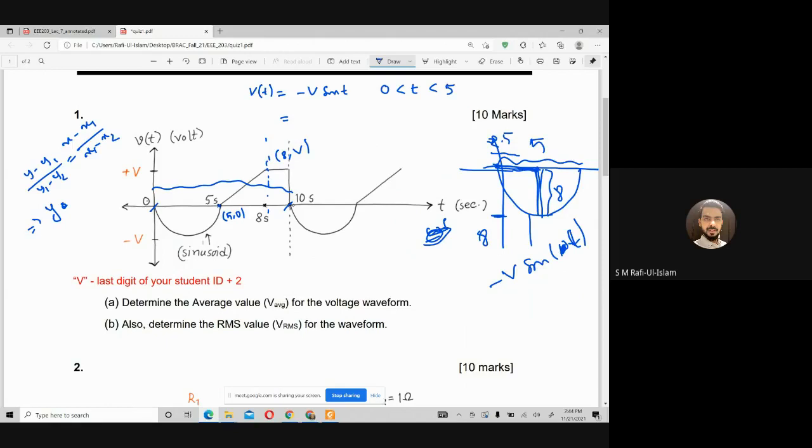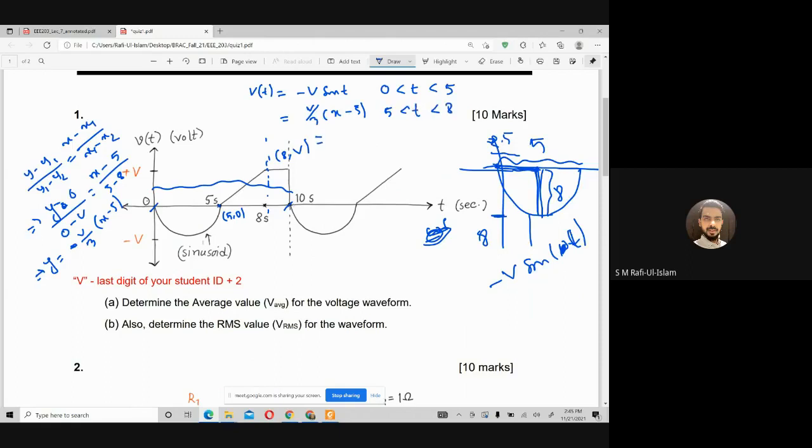Let's say y1 is 0: 0 minus v equal to (x minus 5) over (5 minus 8). So y equals negative v divided by negative 3 times (x minus 5), so v divided by 3 times (x minus 5), for 5 less than t less than 8.